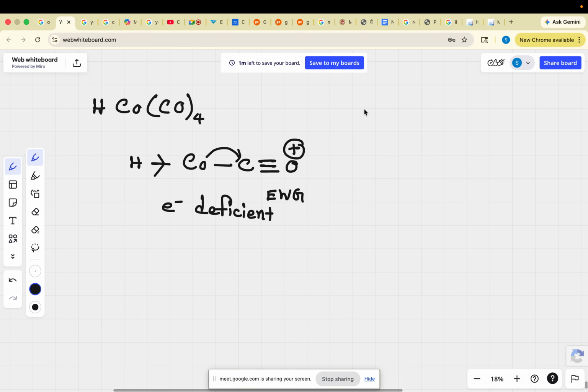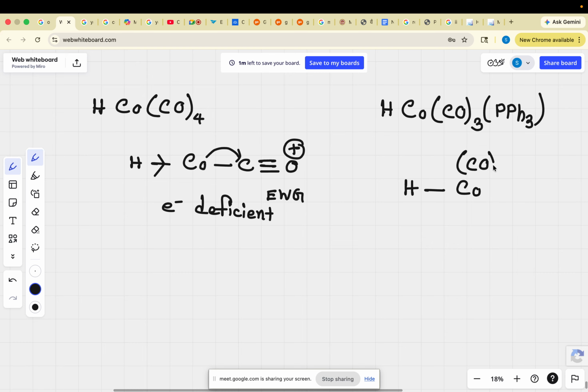That is actually favorable. But suppose you have this kind of thing: hydrogen, then cobalt, then you have Co(CO)3 and next you have PPh3, or chlorine, anything. So what is happening here? Hydrogen, cobalt, carbonyl also, and here you have PPh3. PPh3 is a sigma donor ligand.